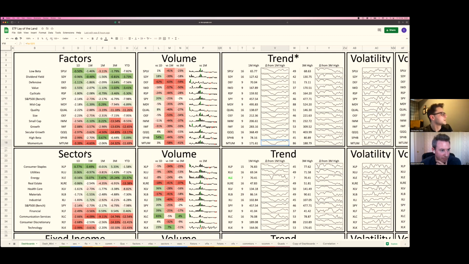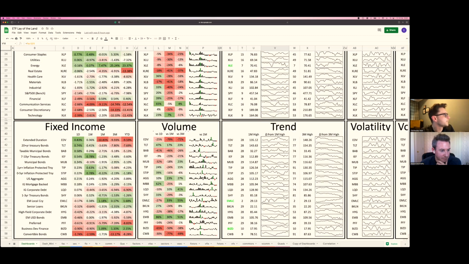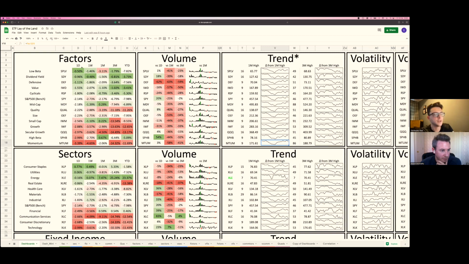So each of them is the different sectors that are in the quad map thing, Hedgeye quad maps and stuff. I just do 1 day, 1 week, 1 month, 3 month, and year to date. Everyone's favorite. And then volume for me is mainly this column here, so it's against the 1 month average.